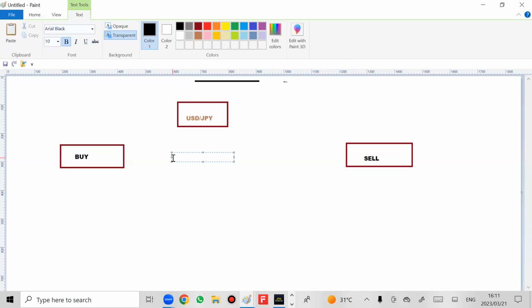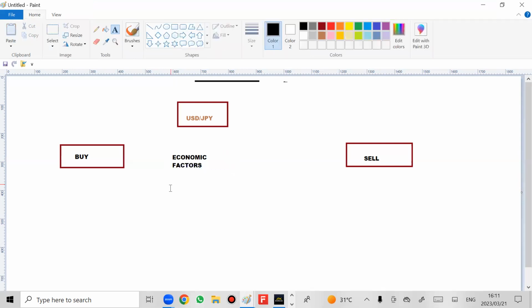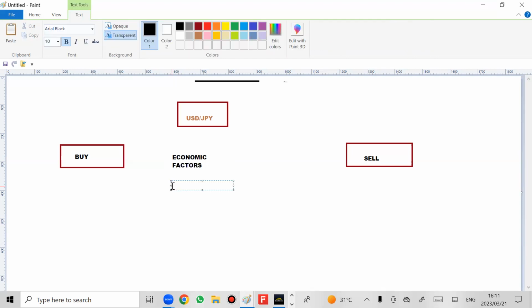We have economic factors. I'm going to explain each one at a time. We have economic factors and we have political factors.